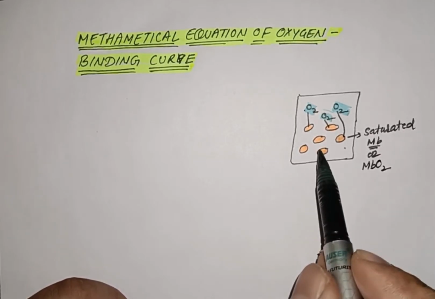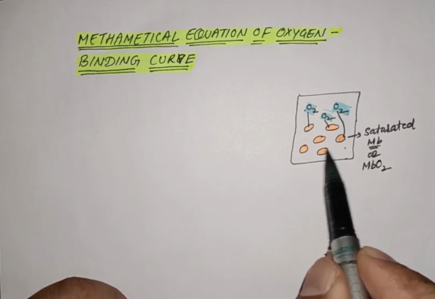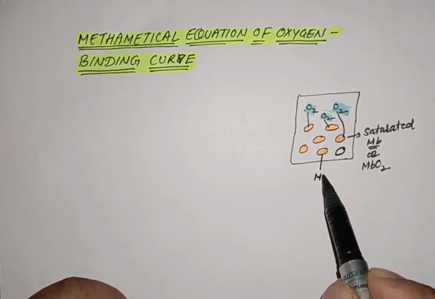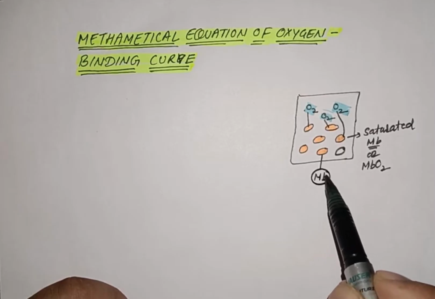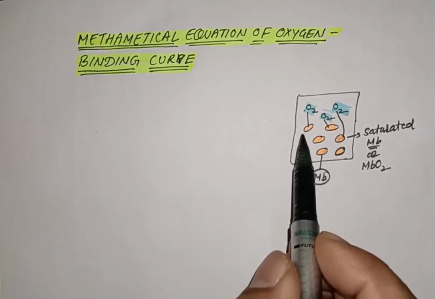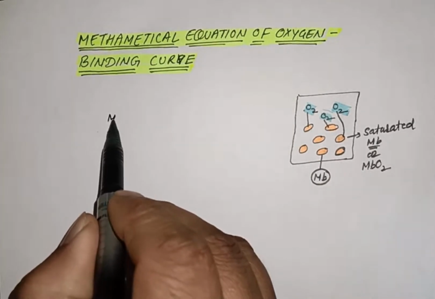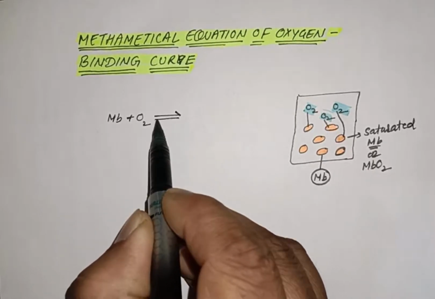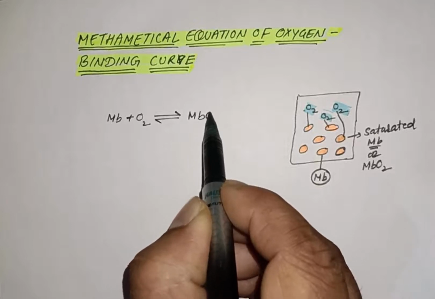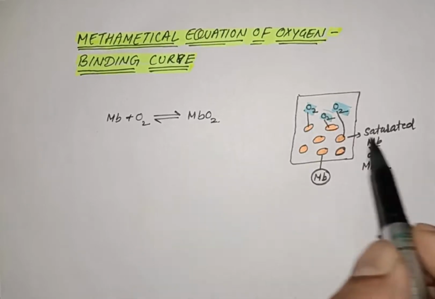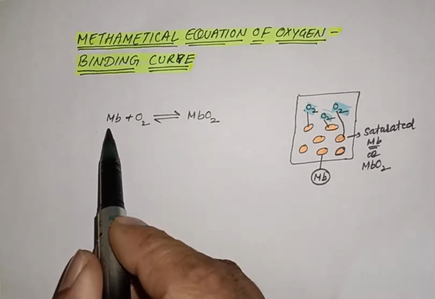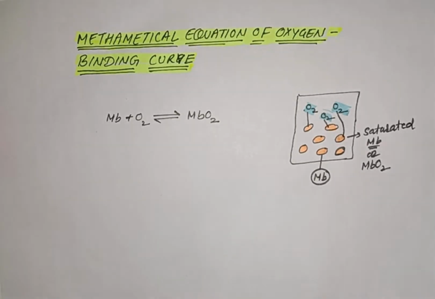The myoglobin molecule to which oxygen is not attached is called naked myoglobin, simply represented as Mb. These Mb molecules react with oxygen, and at equilibrium form MbO2. MbO2 is also called oxygenated myoglobin, and Mb is called naked myoglobin.